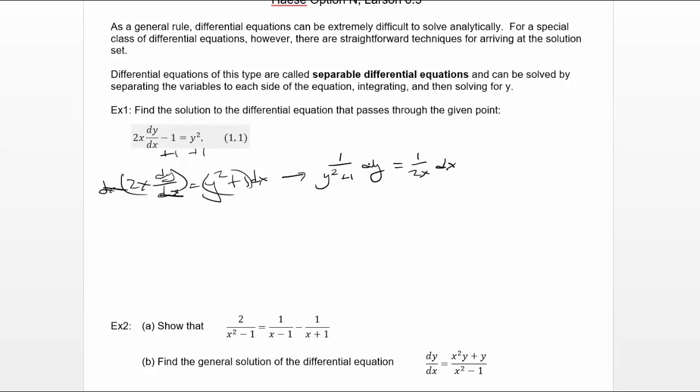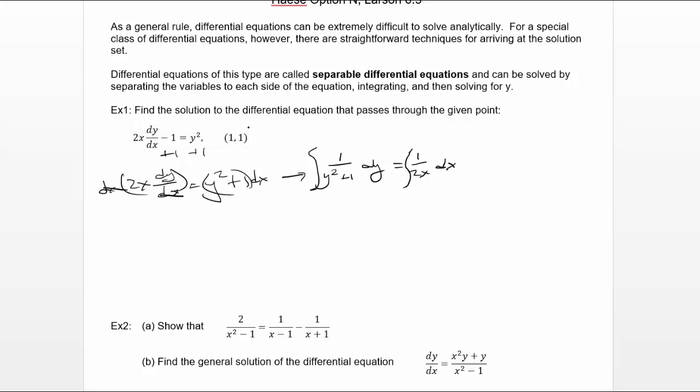To undo these operators, the easy way to undo a differential is to integrate. So I'm going to integrate both sides here, and the integration will undo this differential operator, and we will have an expression without the operators, and then in the end we'll try to rearrange this equation to solve for y.